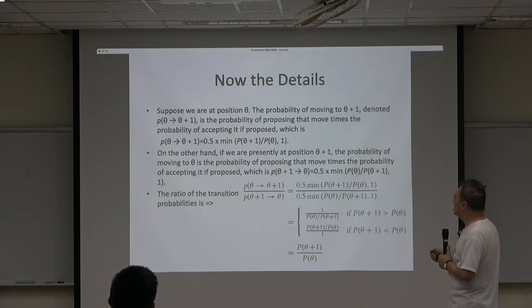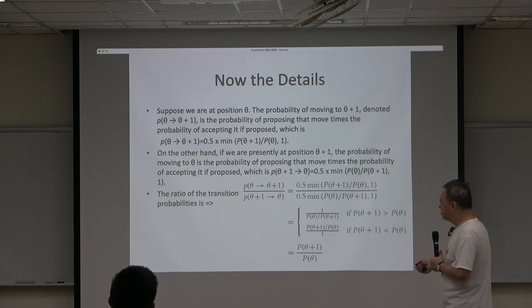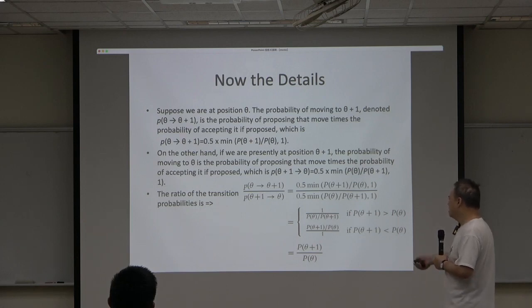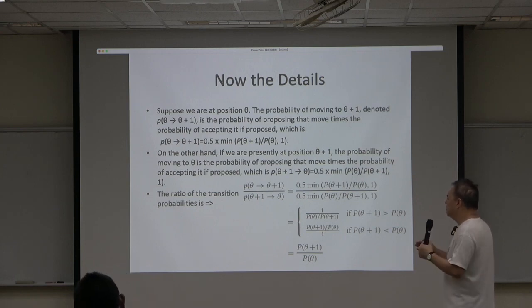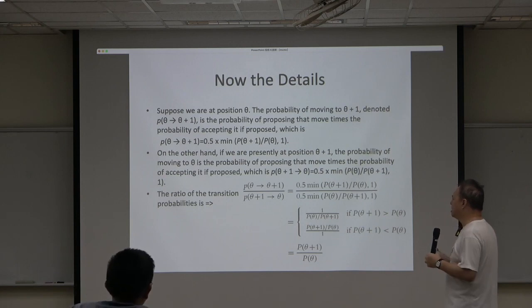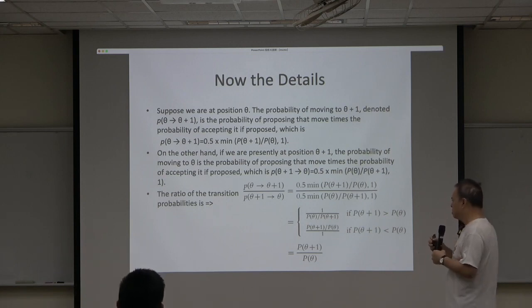If you see the ratio between the probability from theta to theta plus 1 divided by the probability from theta plus 1 to theta, it turns out to be this one. And if you extrapolate this result, you are going to end up with the desired distribution that we are looking for.